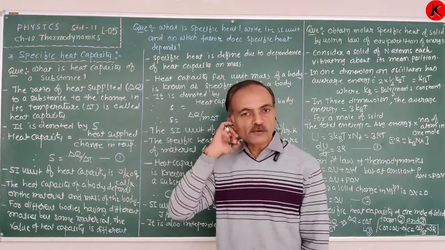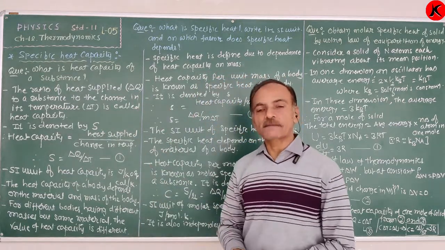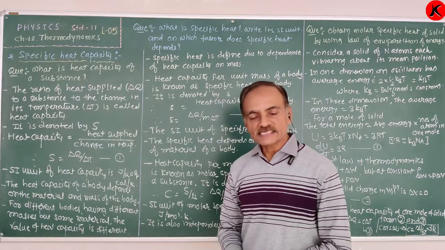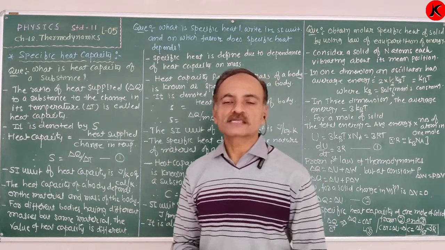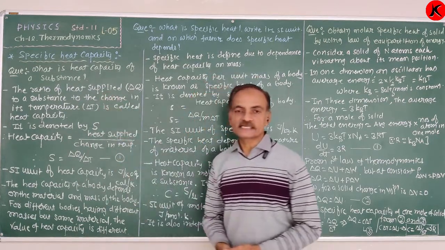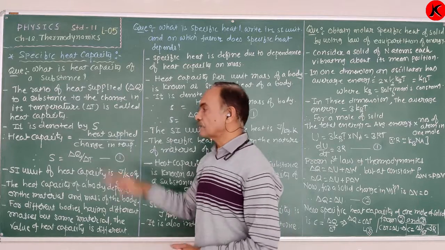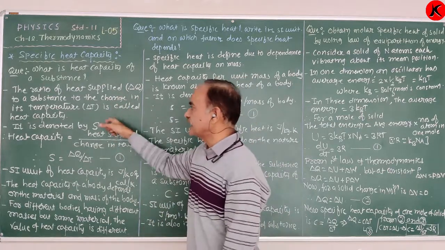Again, this is most important for a 2 marks question: define the heat capacity and specific heat capacity, its SI unit and on which factors both depend. So first we discuss the heat capacity. The ratio of heat supplied to the body to the increase in temperature is known as the heat capacity.